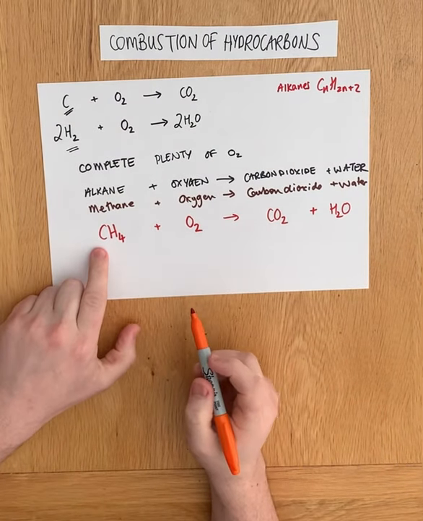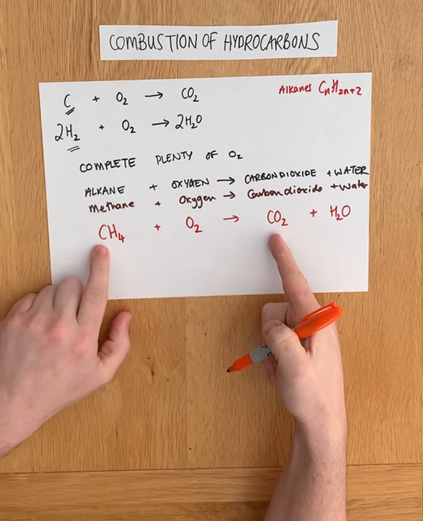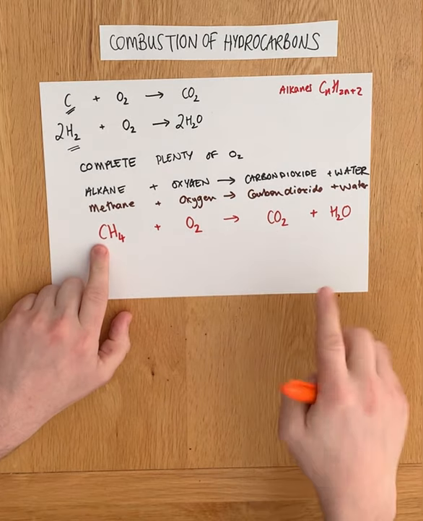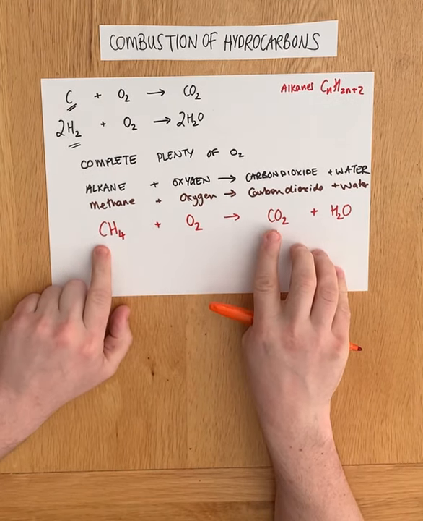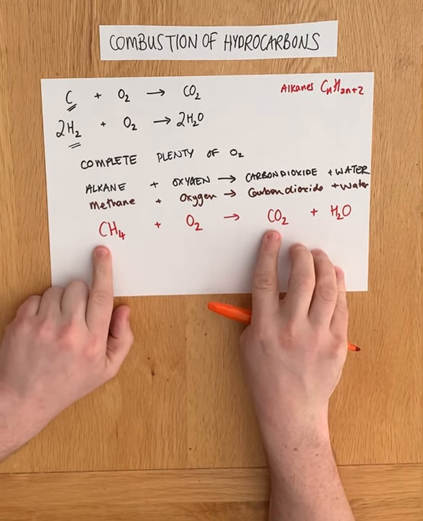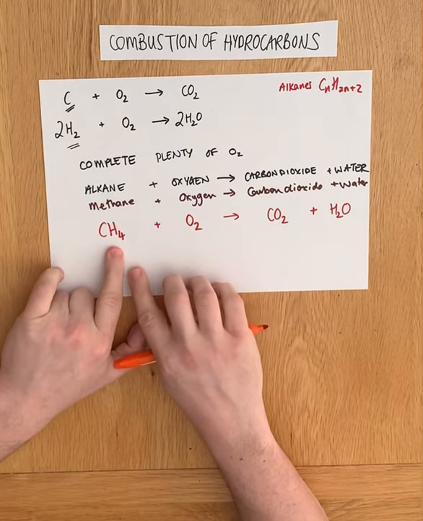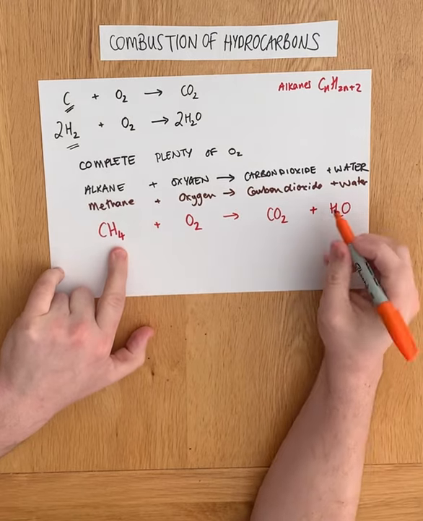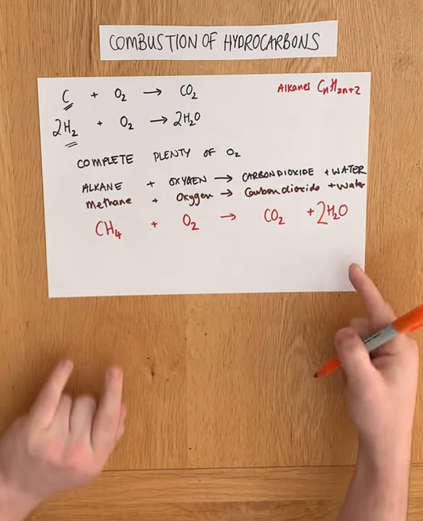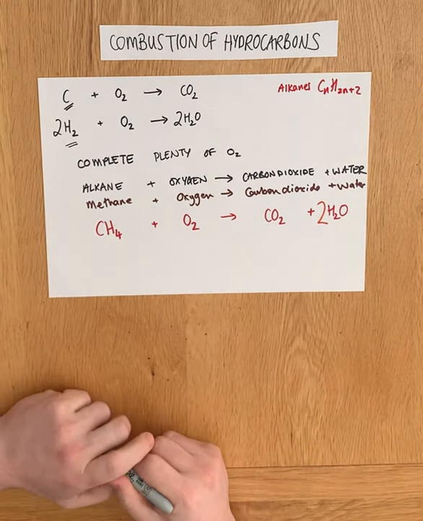So one carbon, one carbon. The number of carbons in our alkane will determine the number of carbon dioxide molecules or moles that we produce. Number of hydrogens in my hydrocarbon, halve it to give me the number of water molecules I'll produce.